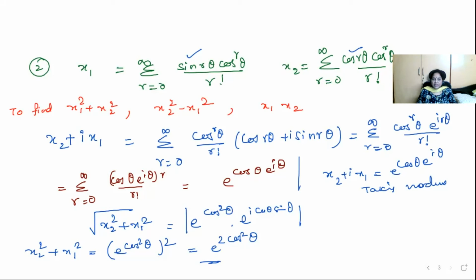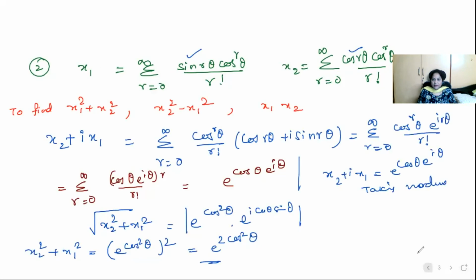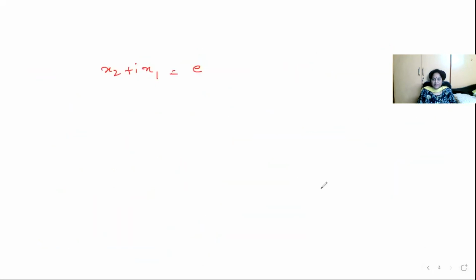Now, for the second and third things we can find here, since we have evaluated x2 plus i x1 equal to e raised to cos theta into e power i theta, let us square both sides.